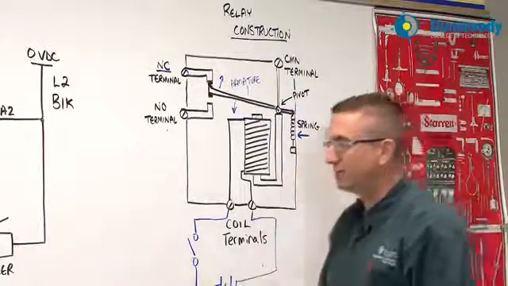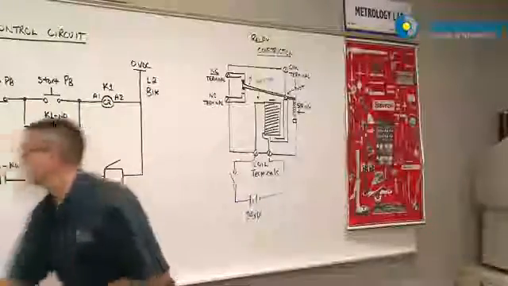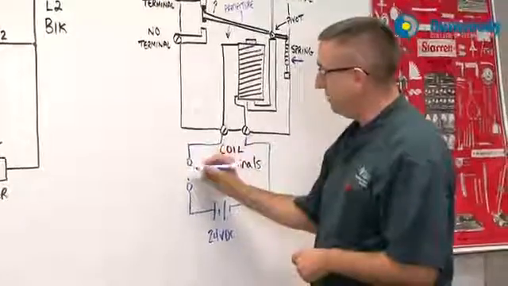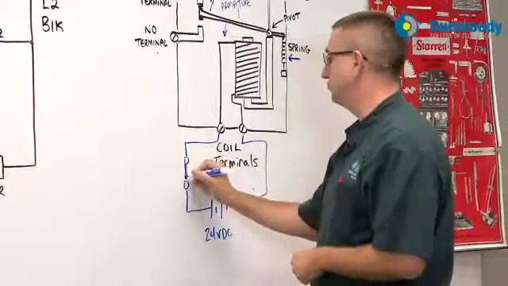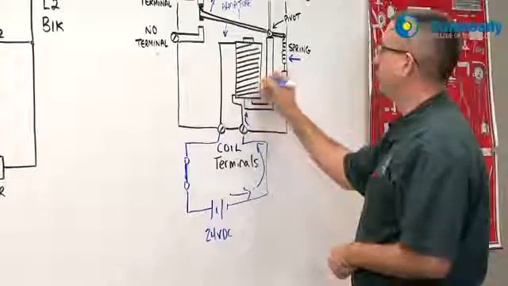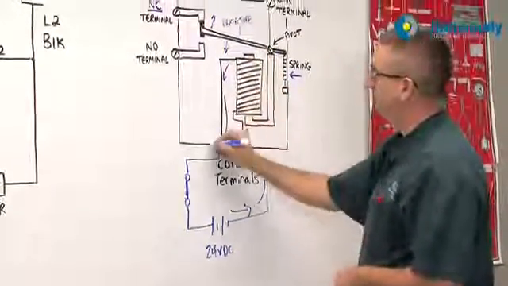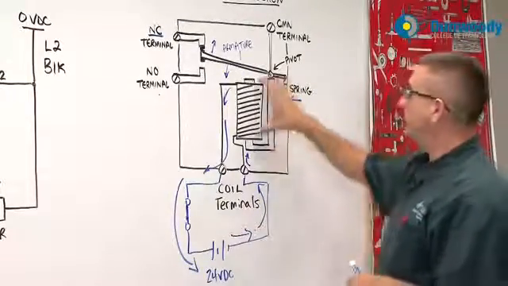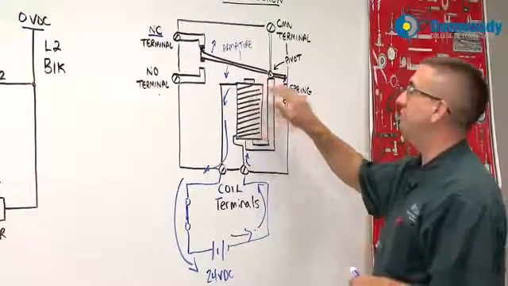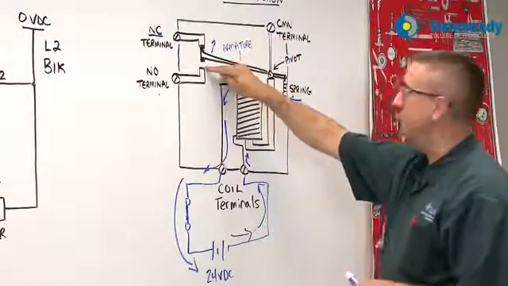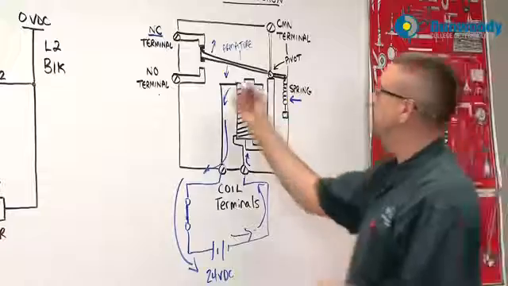As soon as I energize this, if I was to close this switch, now I have current flow. So the switch is closed, and I'm going to get current flow up and through my coil and back to the source. As soon as there is current flow, this becomes an electromagnet. At that point, the armature is pulled down, and now I'm going to go down to the normally open contact. So we'll use blue to represent that.